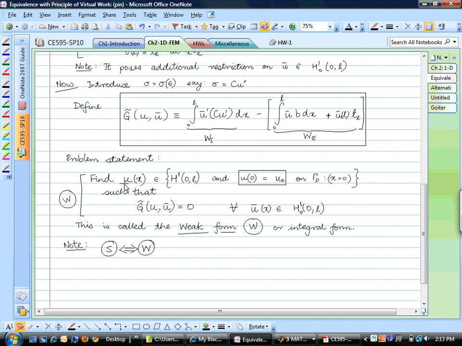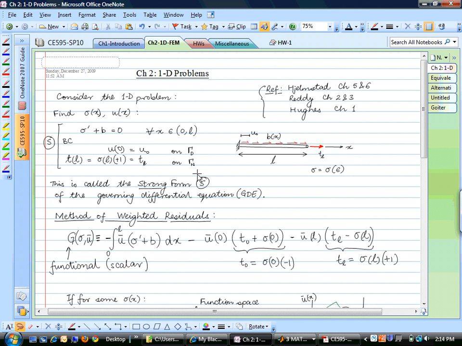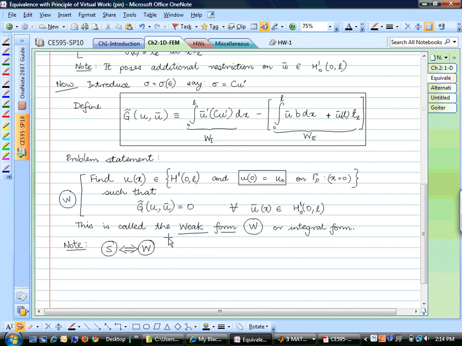So if you can find such a u, then you can say that you have solved the problem, that your equilibrium holds. This statement is called the weak form of the same problem. Earlier, that governing differential equation was called the strong form. This is called the weak form.